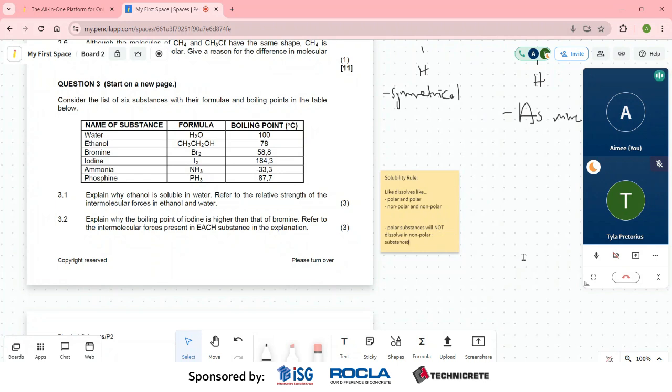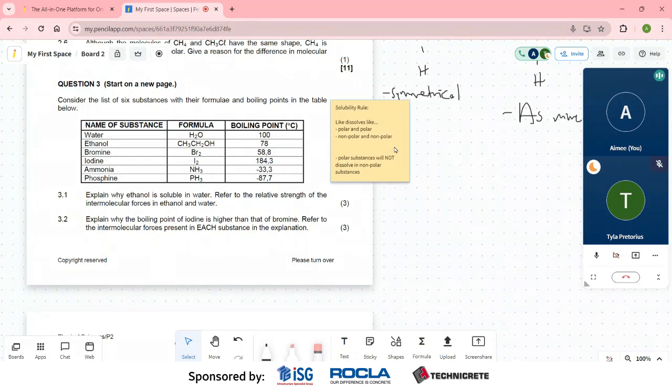And then from there, we can deduce another way to write it, in case you're a little bit confused: polar substances will not dissolve in non-polar substances, and non-polar substances will not dissolve in polar substances. So polar and polar will dissolve, and non-polar and non-polar will dissolve. This is the rule of solubility.